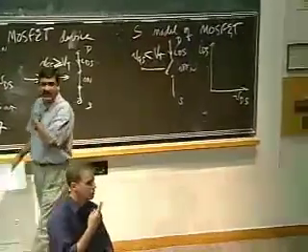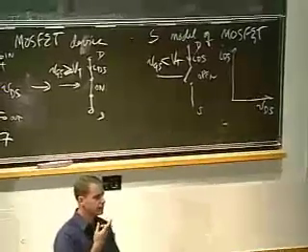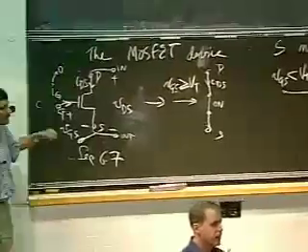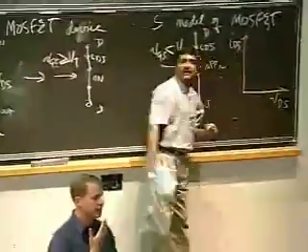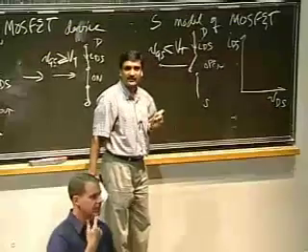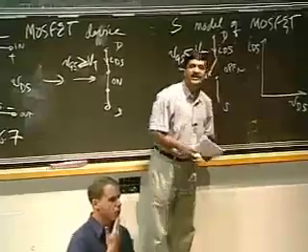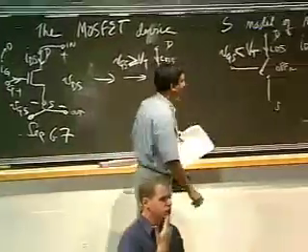Much like I plotted the IV characteristics of two terminal elements, I can plot the IV characteristics of this three-terminal element in the following way. I can focus on two terminals and look at VDS and IDS for that terminal pair, okay, and draw the curves for how it will behave as I change VGS that I apply.